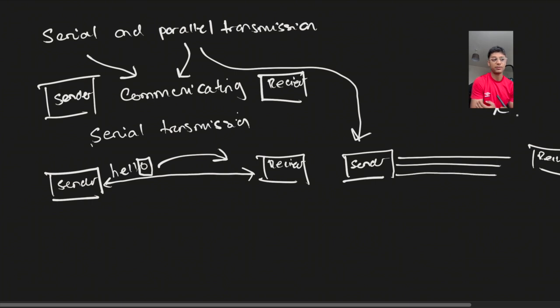We can have X number of lines. In this case, the word hello will be sent, and the letters will be put on separate lines accordingly. So these are two different forms of communicating information, serial and parallel transmission.